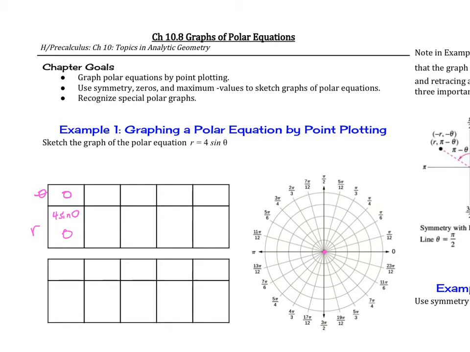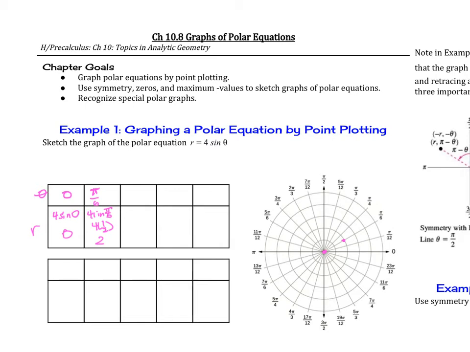Then if we plug in pi over 6, we really want to plug in every 30 degrees, or every pi over 6, to find some good values to plot, so we can get a good idea of what this picture looks like. So we have 4 sine of pi over 6, and sine of pi over 6 is a half, so this ends up being 2. So at pi over 6, we're at 2.